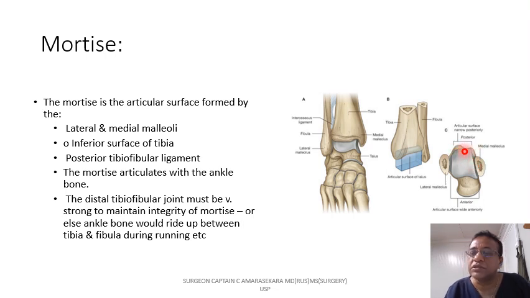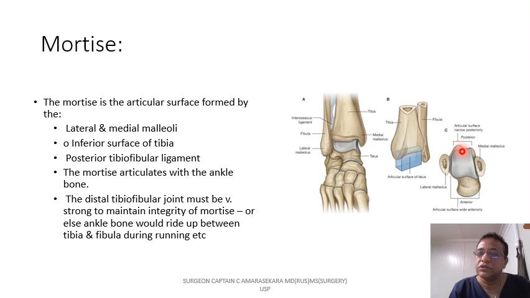You can see this peculiar arrangement. This articular surface is narrow in the posterior and wider in the anterior. This arrangement helps prevent dislocation during dorsiflexion, because this broader part can't go further inside during the movement.